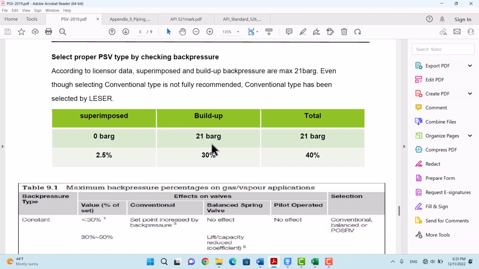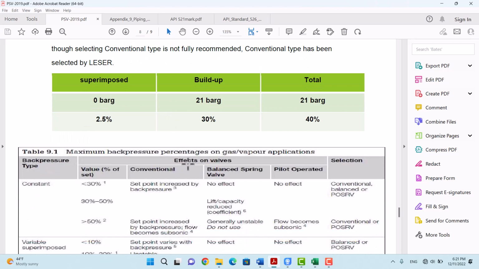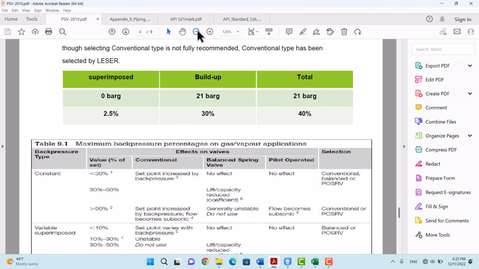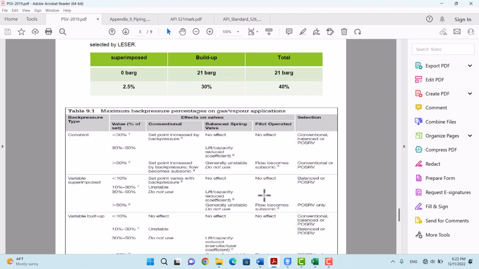Of course, during the project, we talked to the manufacturer of these valves, and they said that even by this high percentage of back pressure, our PSV is able to operate well during such stringent and strict conditions. But by the way, if you want to know how this table works, it's a good guideline for preliminary sizing and preliminary selection of the type of PSVs.